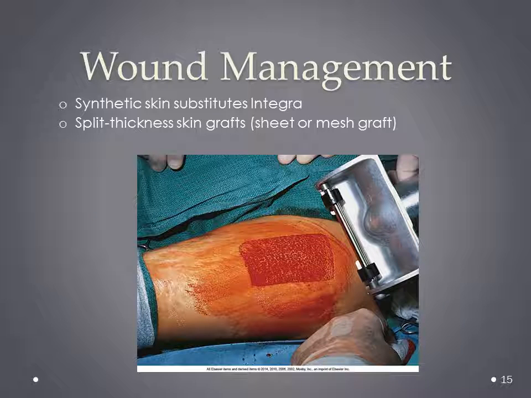This is an example of taking a split thickness skin graft from a patient who is going to use their own skin to treat their burn. You can see that this is done in surgery, and a very thin piece of skin gets surgically removed to use in skin grafting.